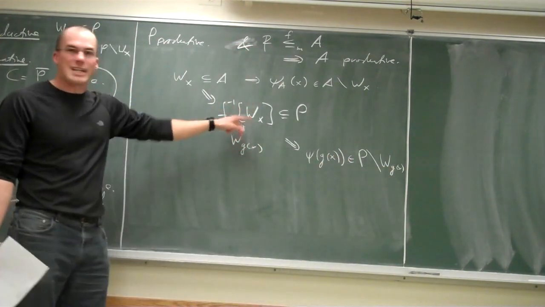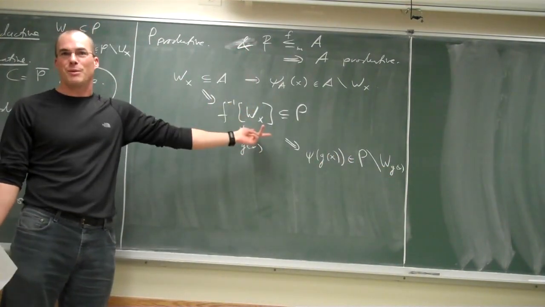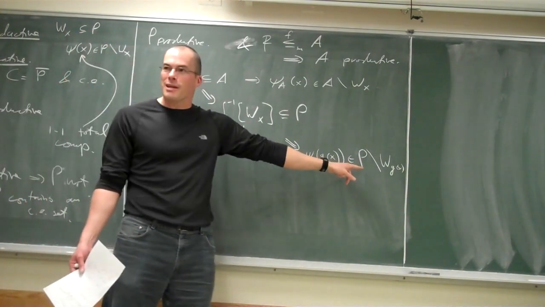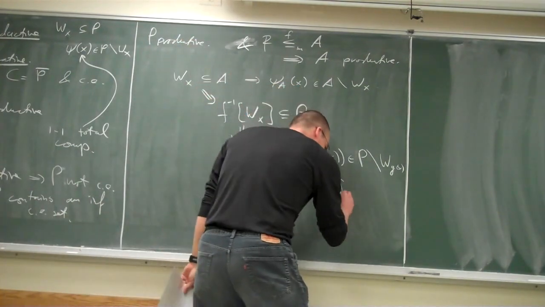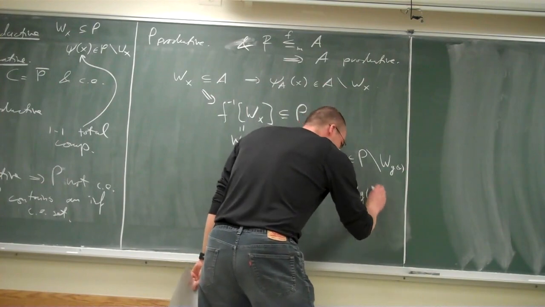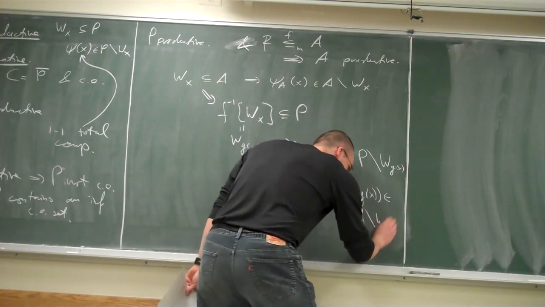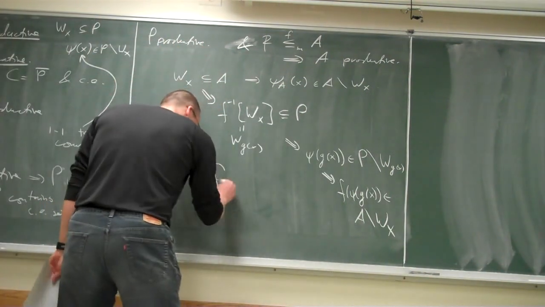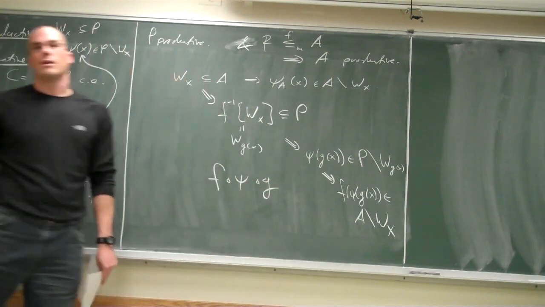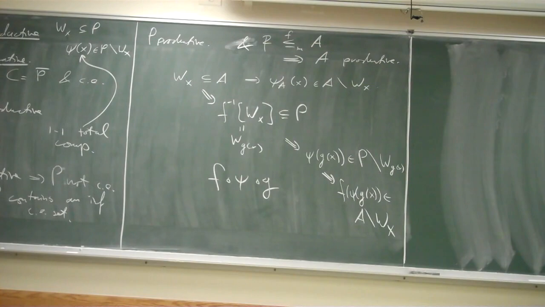Well, Wg of x exactly consists of those things which map into Wx, but it's still in P, therefore the function f still maps it into A. So this means that f of psi of g of x is in A minus Wx, which shows that this function f psi g is a production function for the set A, and so indeed productivity is infectious as well.